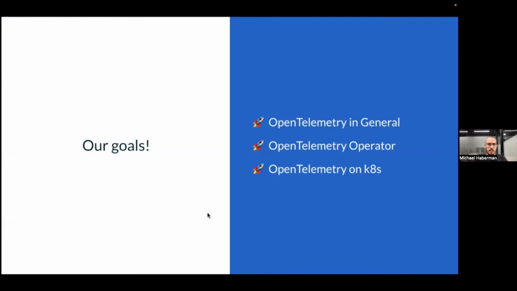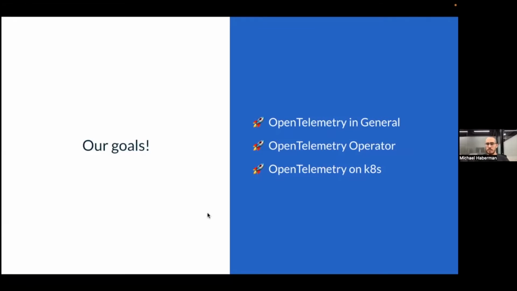So, what is our goal for this session? Our first goal is to have a basic understanding, making sure that all of us are aligned on the goals of OpenTelemetry, what it is doing, and how it is doing so. We won't put too much time into it. I'm guessing that some of you are getting started and some of you are more experienced, so I'd like to set the stage.